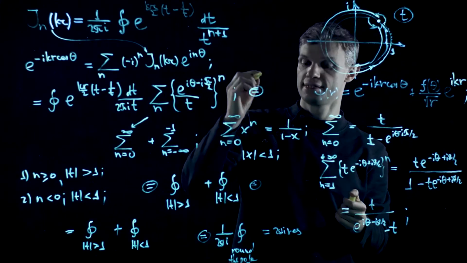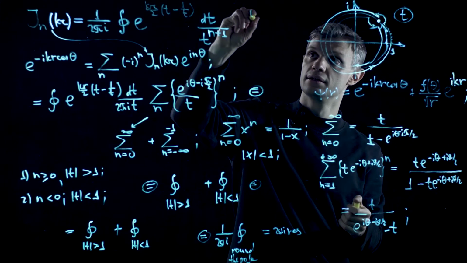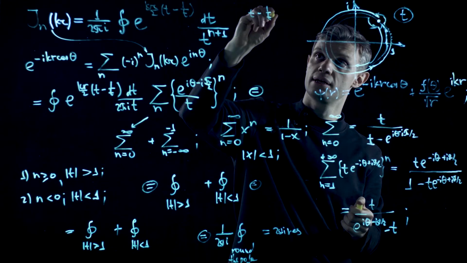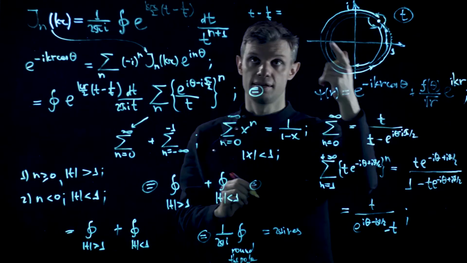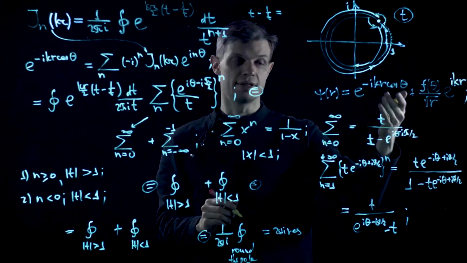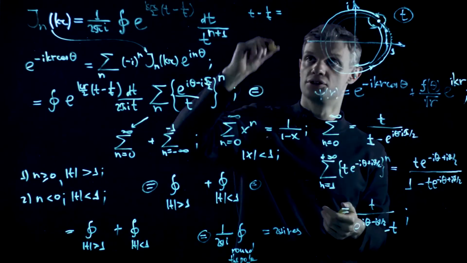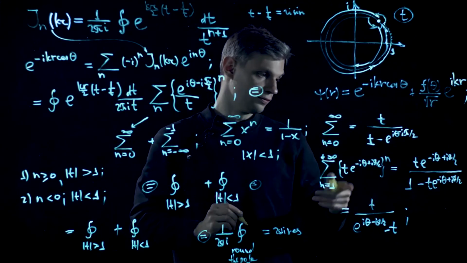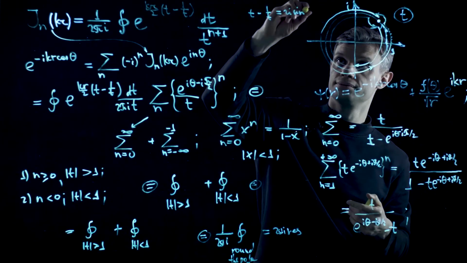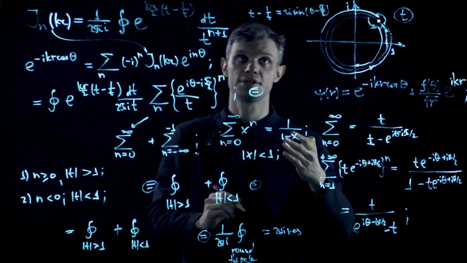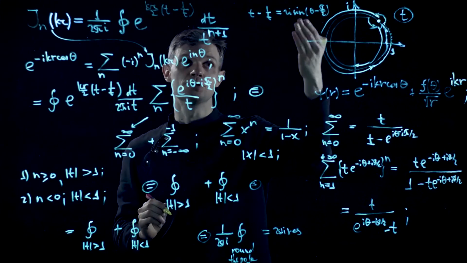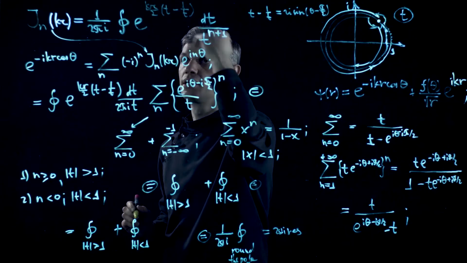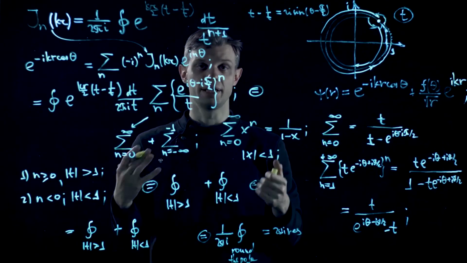And naturally, in this case, t minus 1 over t is precisely the correct sine factor. So it's 2i sine of theta minus pi by 2. And using simple trigonometry, we turn it into minus cosine of theta times kr, precisely the plane wave expression.